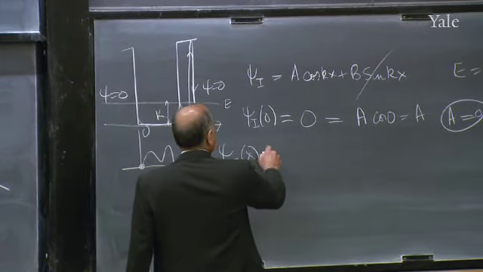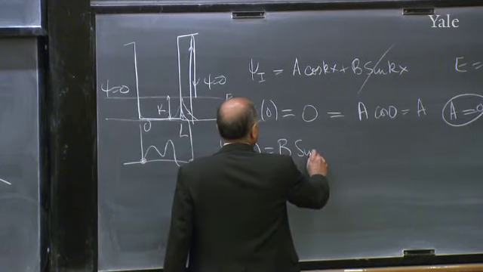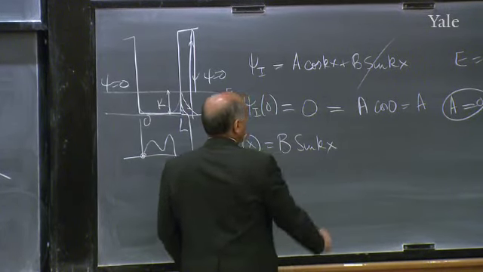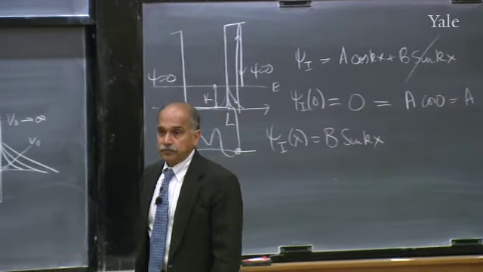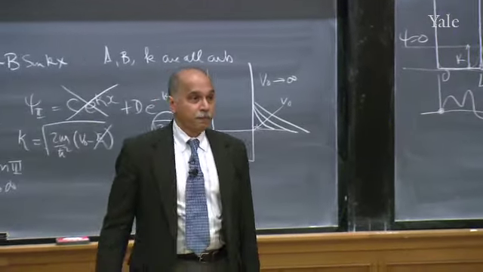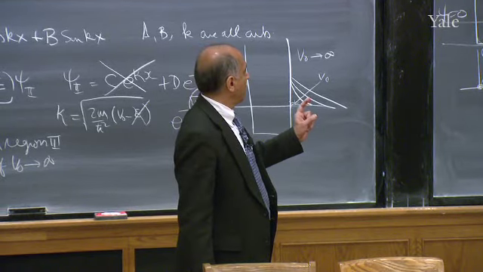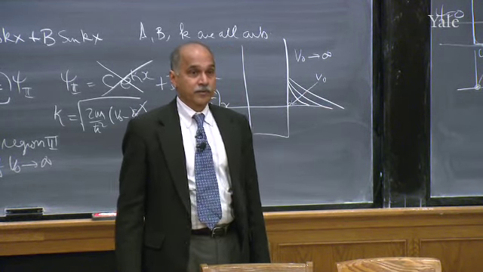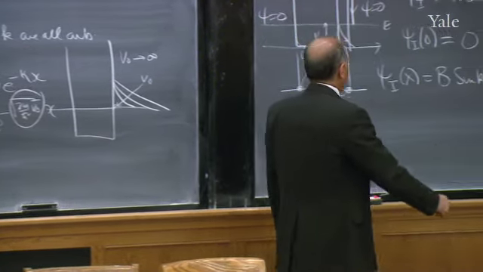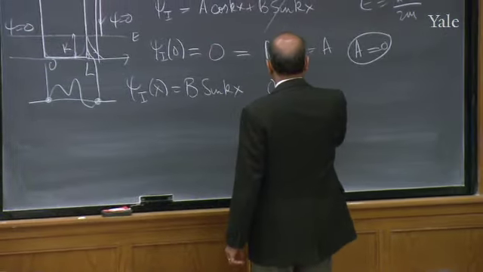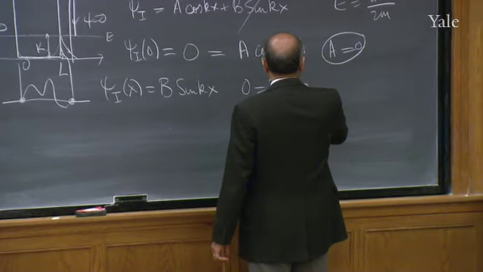Psi of x is equal to B sine kx. We did not have to kill B because at x equal to 0, the sine vanished. So it was allowed. But now I demand furthermore it should vanish at x equal to L. Well, at x equal to L, what do I find? I want 0 to be equal to B sine kL.